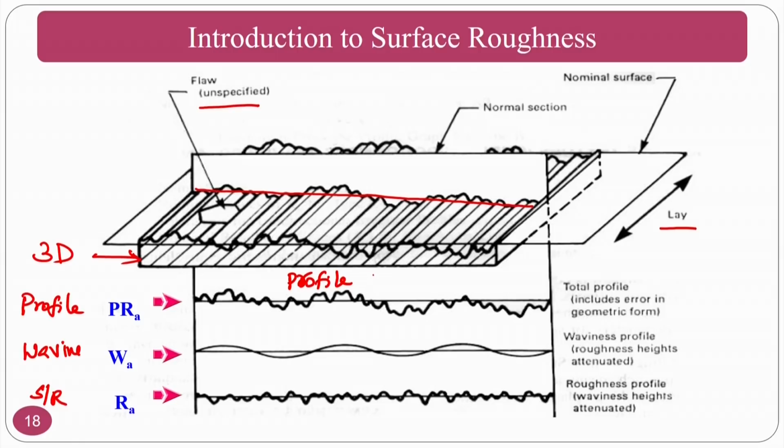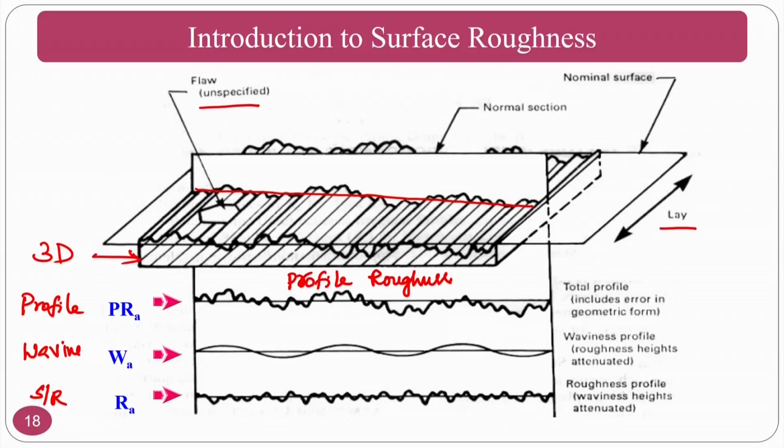Sorry, let me not confuse much. It is called profile roughness, and you can divide this profile roughness into two things: one is waviness, another one is surface roughness.